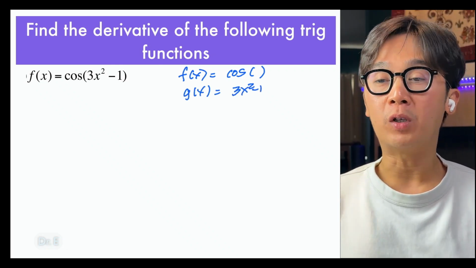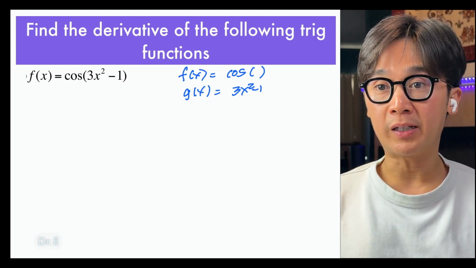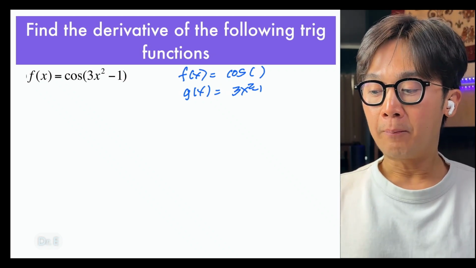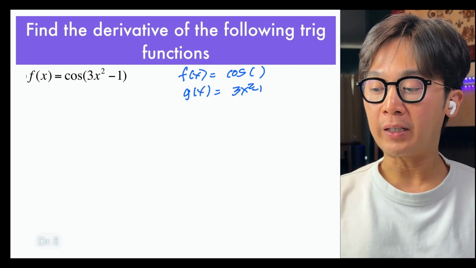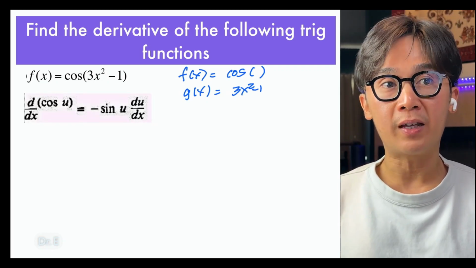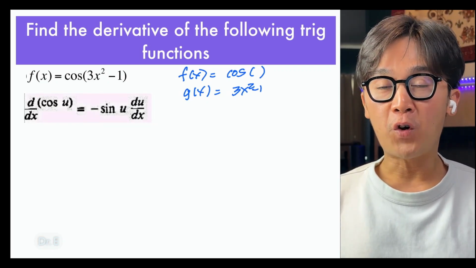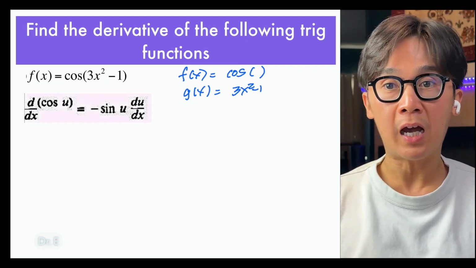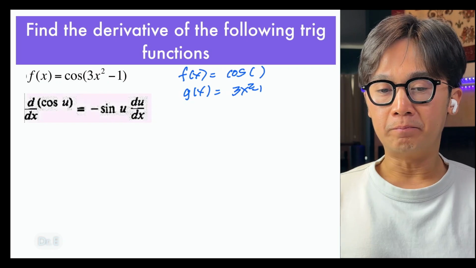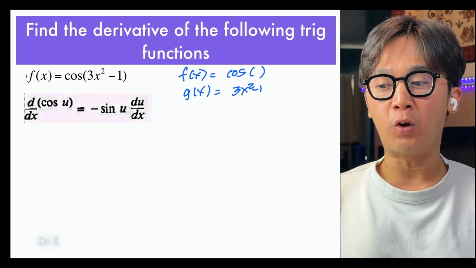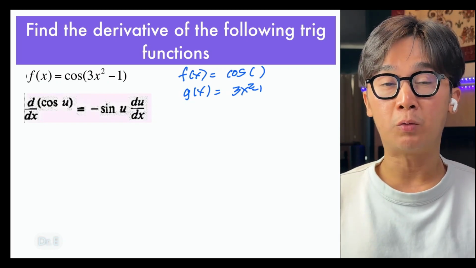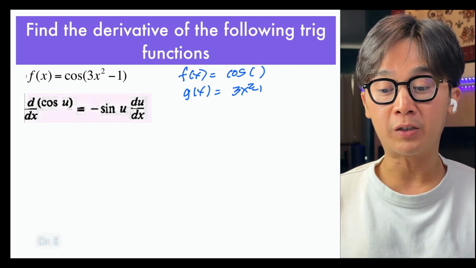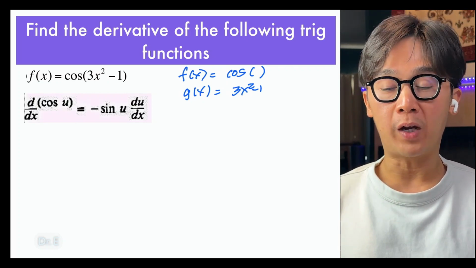So now we know that we're going to be using the chain rule for this function. But before we use the chain rule, we also need to use the formula for finding the derivative of our cosine function, because this is not just a basic polynomial function. We're seeing a trig function, which is cosine of the quantity 3x squared minus 1.